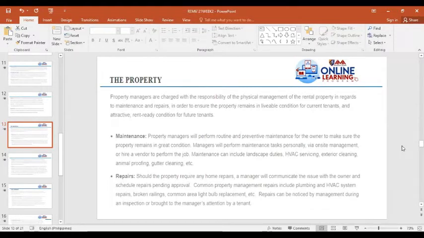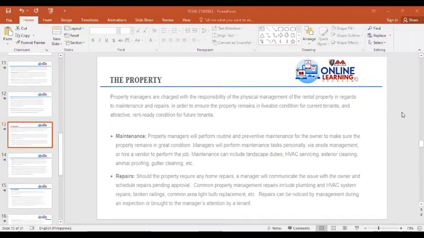Okay. So with this kind of task, the property manager should oversee the cleanliness of the areas or the properties. Okay? So kailangan meron siyang makukuha na tagalinis, and then they have to maintain also the in and out, labas at loob ng property.